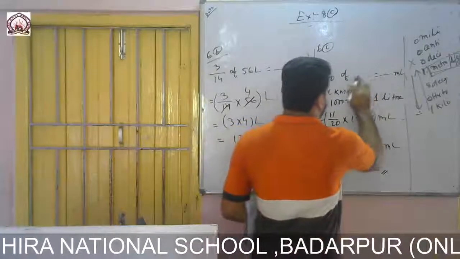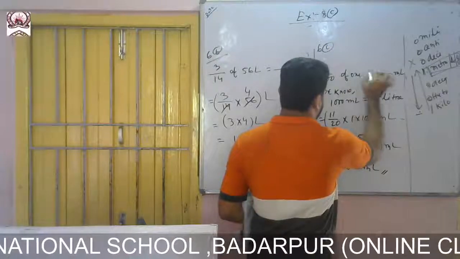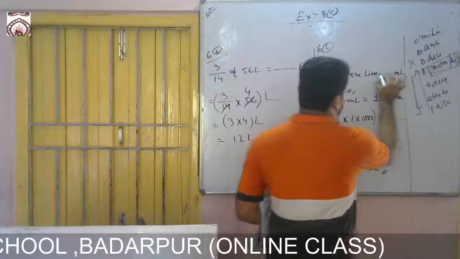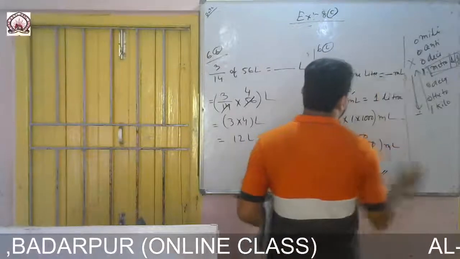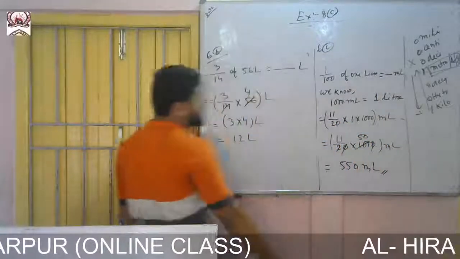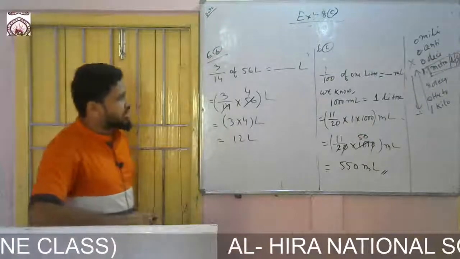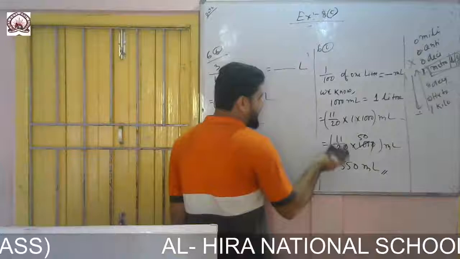Here written 1, that means 1 liter equals to how many milliliter? We know 1000 milliliter equals to 1 liter. Therefore 1 by 100 of 1 liter.